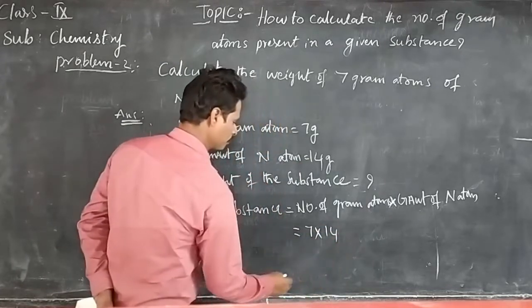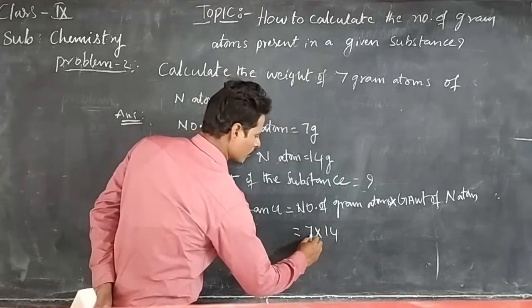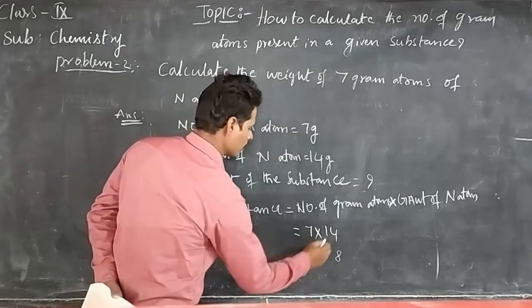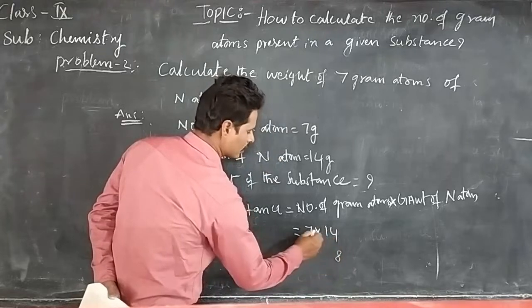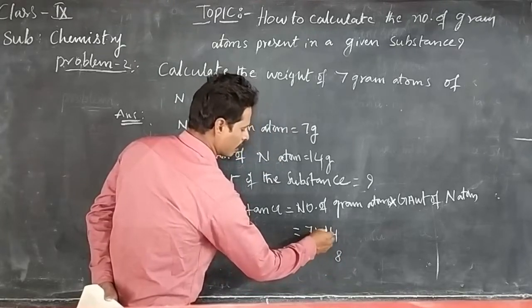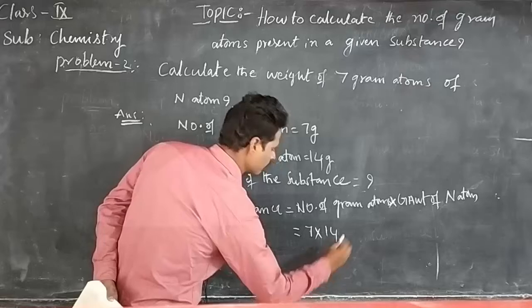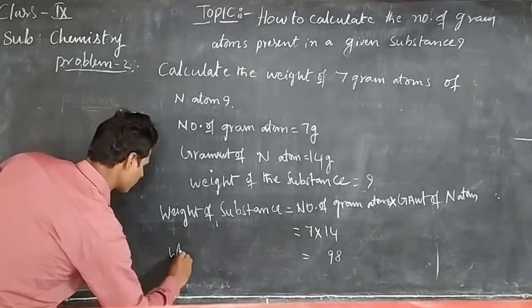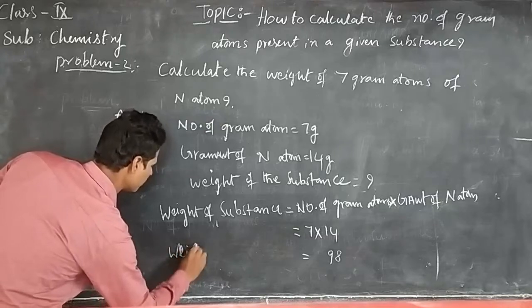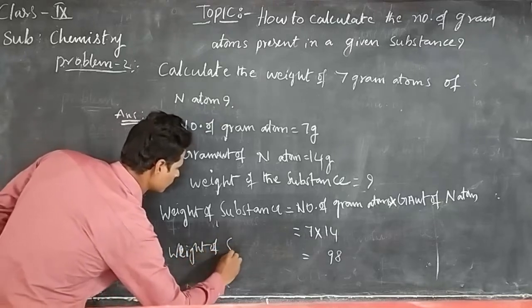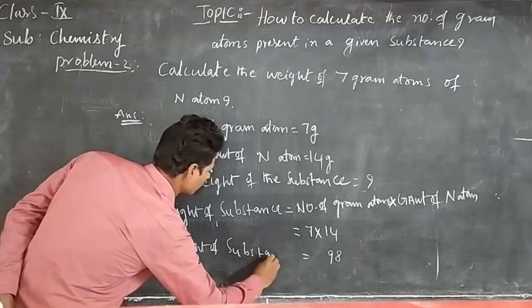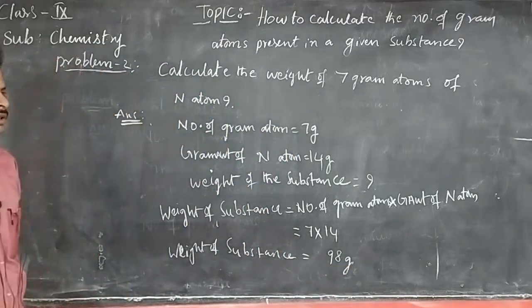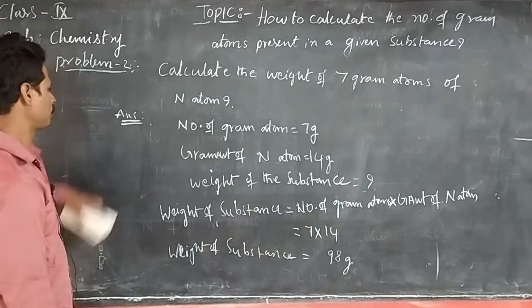What is the value? 7 fours are 28, 7 ones are 7, so 98. So weight of substance equals 98 grams.